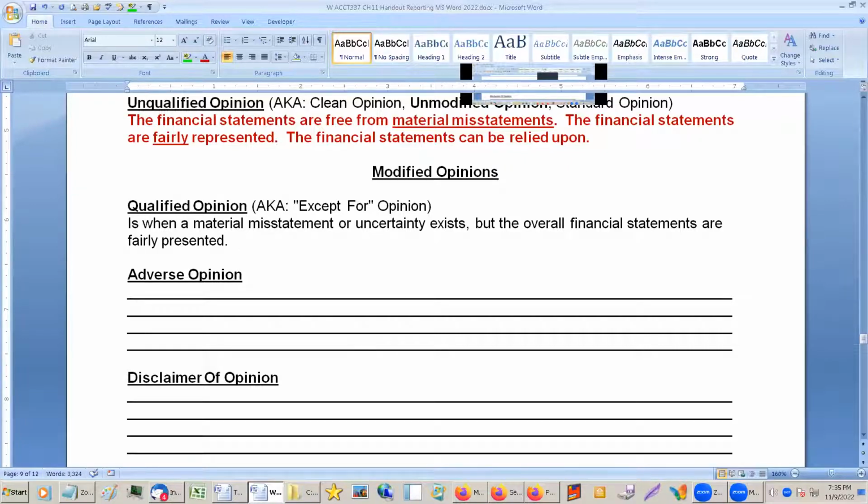Another kind of terminology they a lot of times will say is the material misstatement is not pervasive.